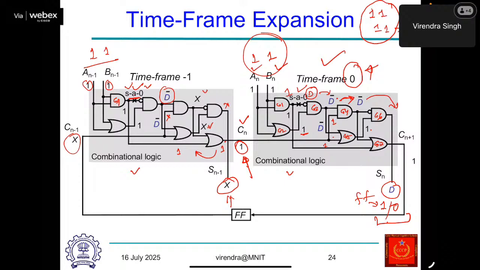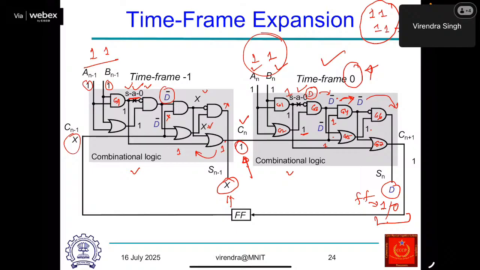Then in order to propagate this, I need some value from the storage element. Now I cannot load the value in the storage element, and therefore again I have to expand that input and try to go to a point wherein you don't expect any value from the primary input. So you may need to keep on expanding, like time frame -1, -2, -3. You have to go to a point wherein you need only access from the storage element.